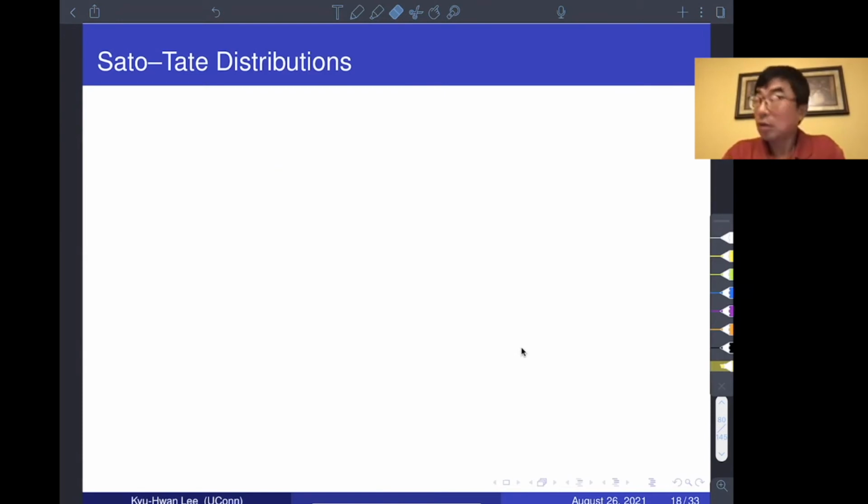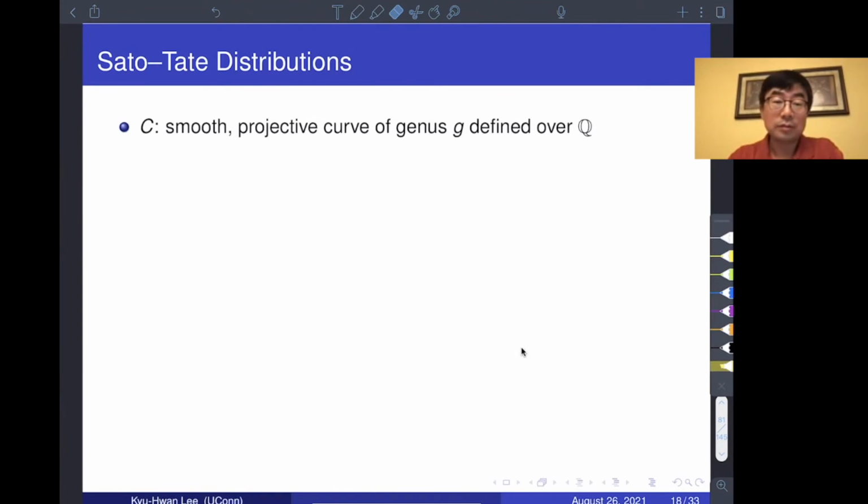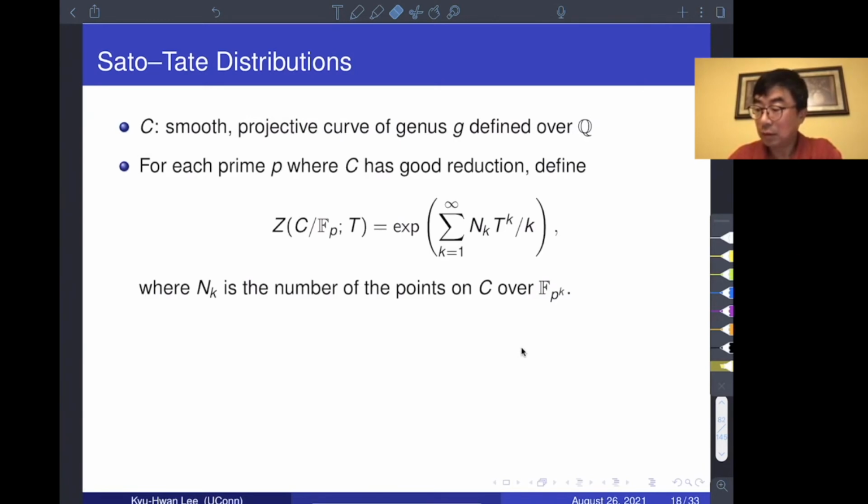Now, I want to talk about Sato–Tate distributions. So C is a smooth projective curve of genus g defined over Q. And then for each prime p where C has a good reduction, we define this zeta function. Here, N_k is the number of points on C over this finite field.